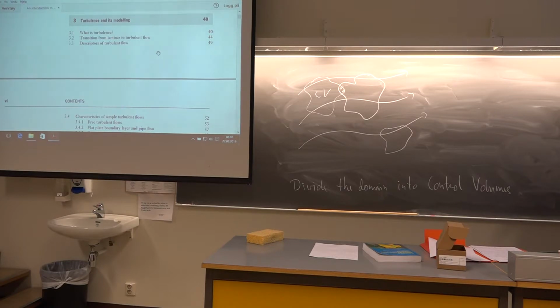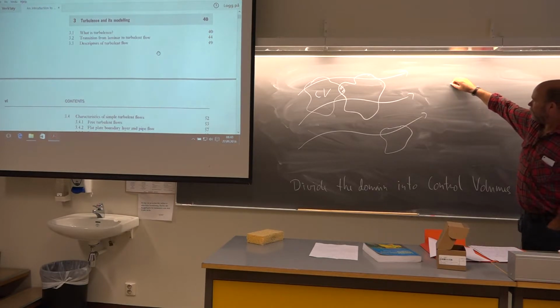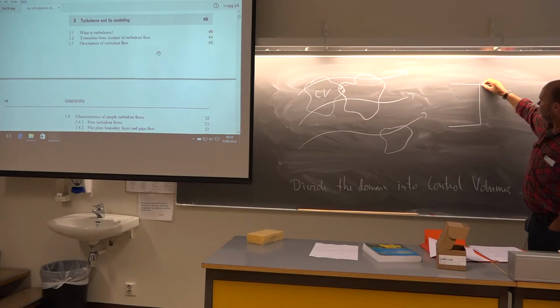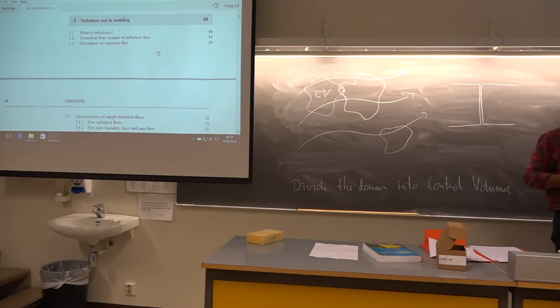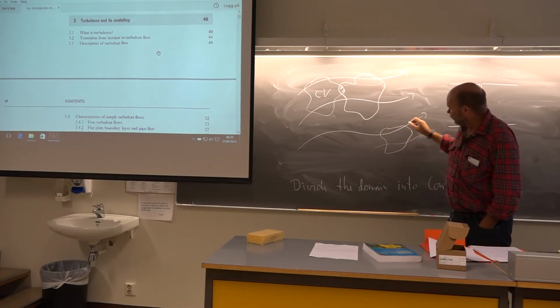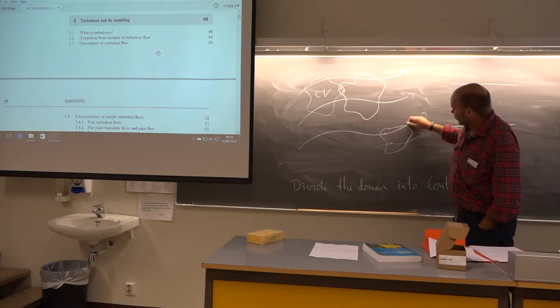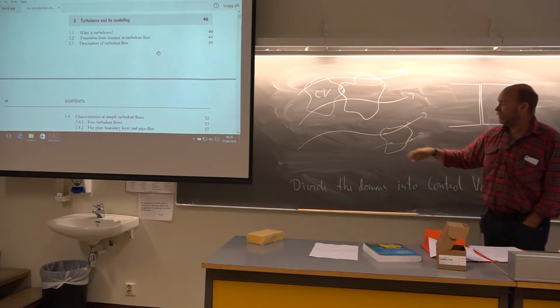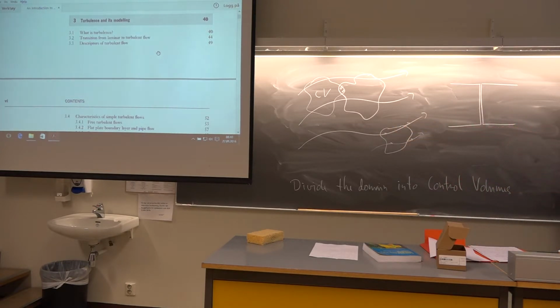Naturally, what you do is to create volumes that are nicely patched together like this, so they are side by side. And why is that? Well, when you have influx and outflux through the side, the control surface, then you know that anything that goes out here will enter the next volume.